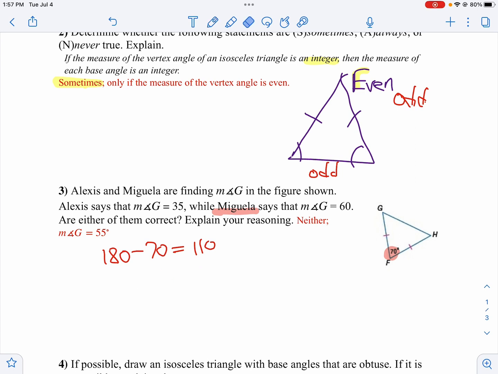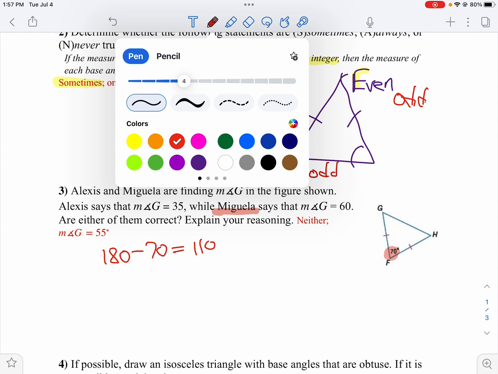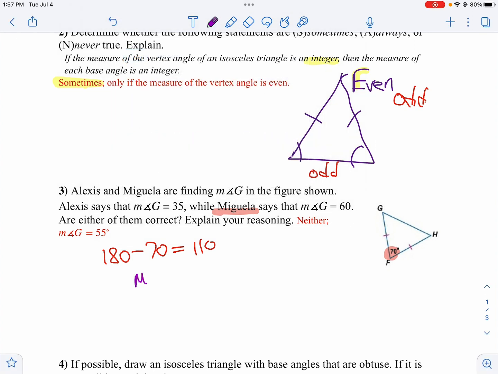That looks terrible. So I'm going to say the measure of angle G plus the measure of angle H has to be 110. I know they're equal, so I take 110 divided by 2, and I'd get 55 degrees.